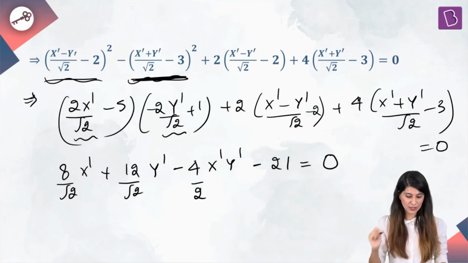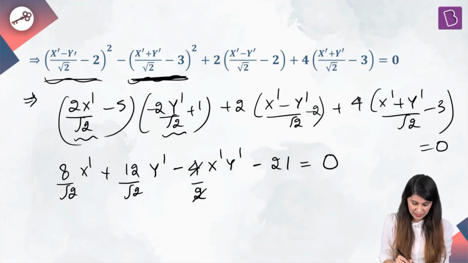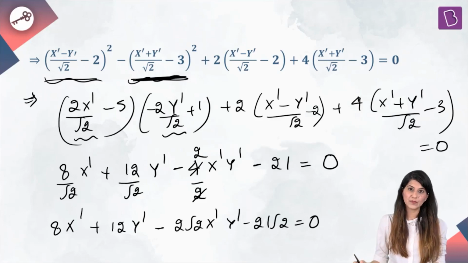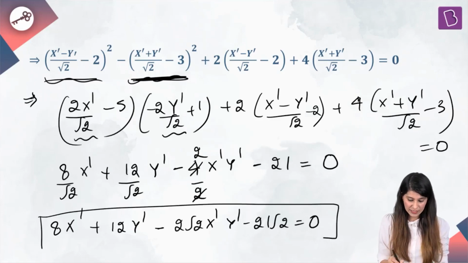If you simplify this, you'll get this. Now, this will get cancelled out. If you take LCM, what would you get? 8x dash plus 12y dash minus 2 root 2 x dash y dash minus 21 root 2 is equals to 0. Okay, so this is the transformed equation.